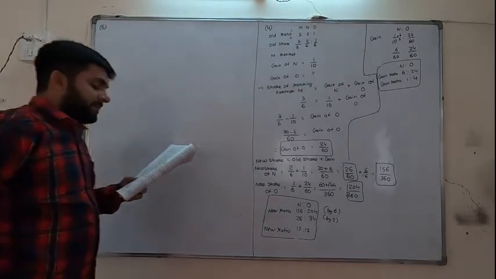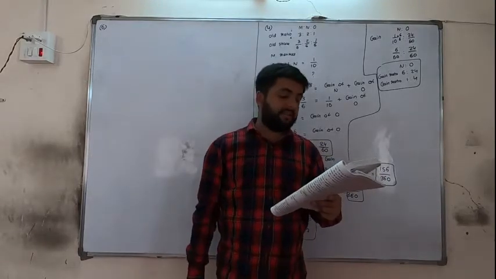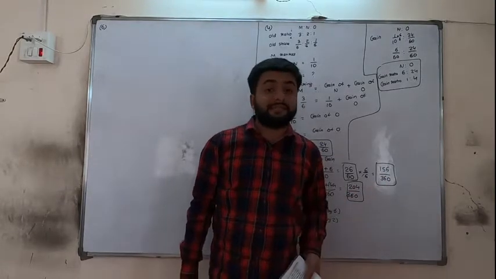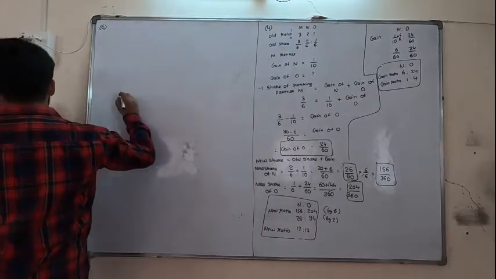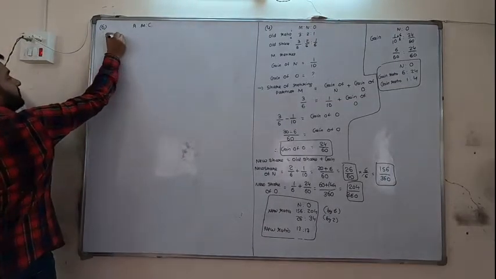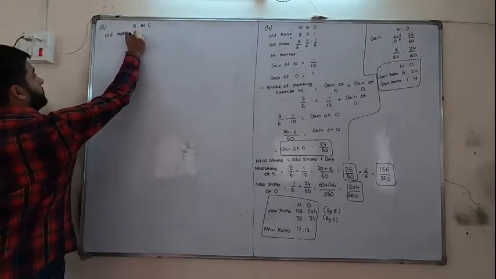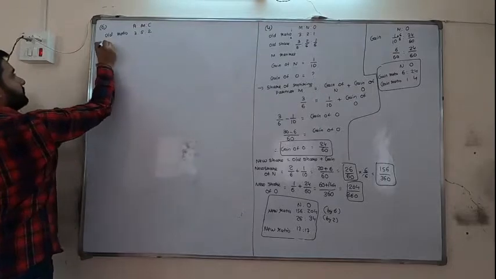A, M, C are partners sharing profit and loss in the ratio of 3:5:2. M is retiring and his share is taken up by C only. A is to M is to C. Old ratio 3:5:2.